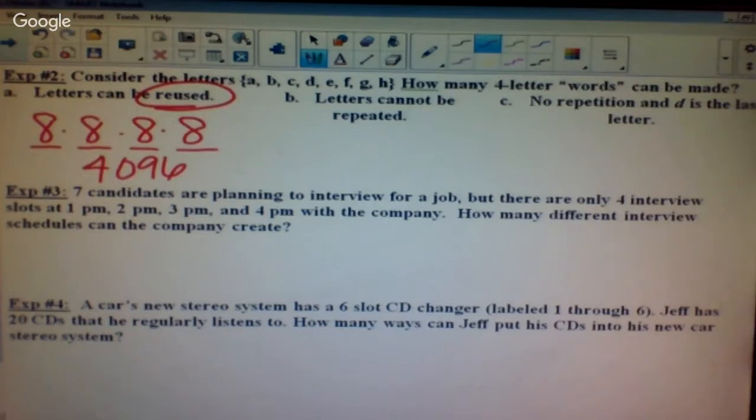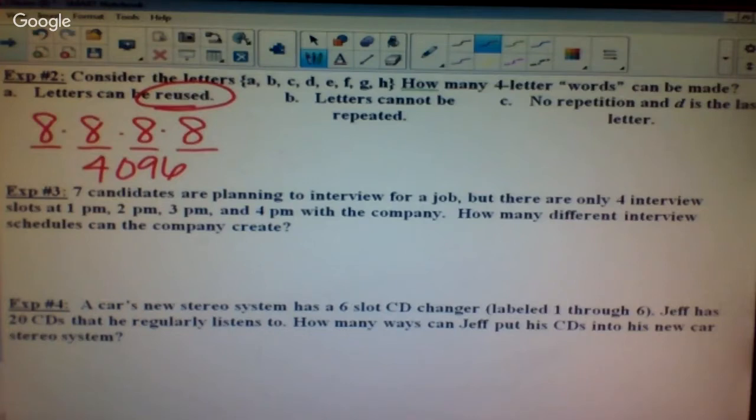This time, your letters cannot be repeated. If it's a word, the order matters. ARE is spelled A-R-E, not R-E-A or R-A-E. Okay, so order matters when we're talking about spelling words. So order matters and the letters cannot be repeated, which means I can use a permutation here.